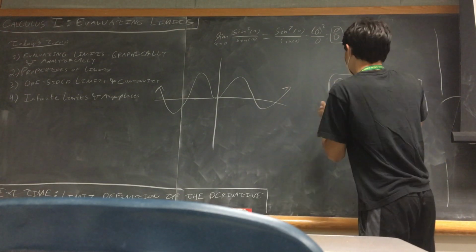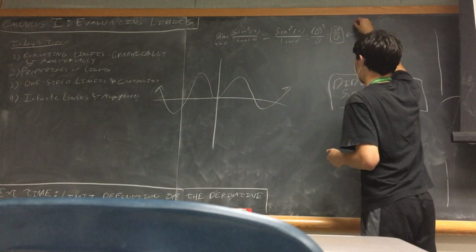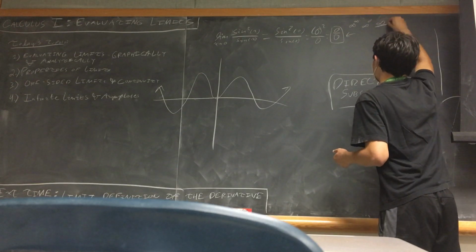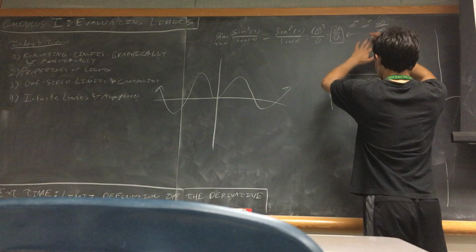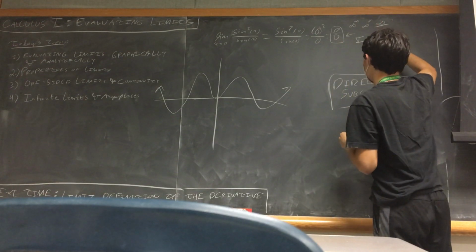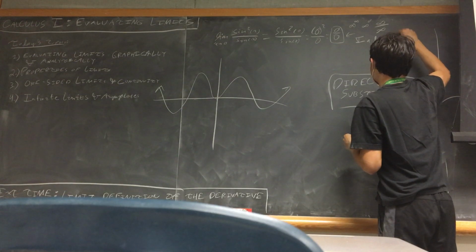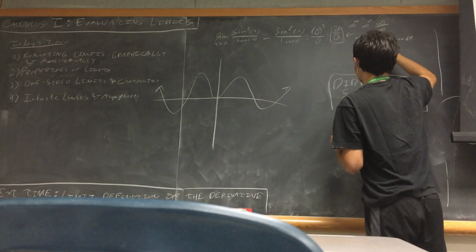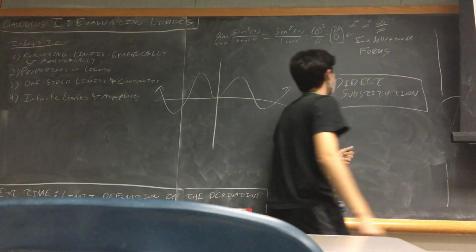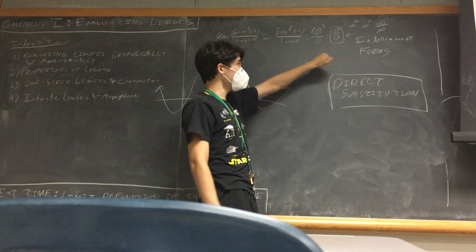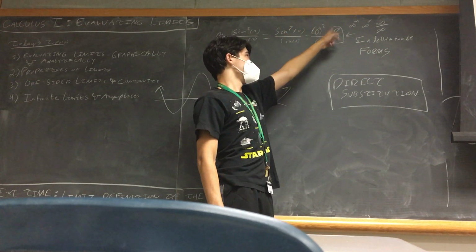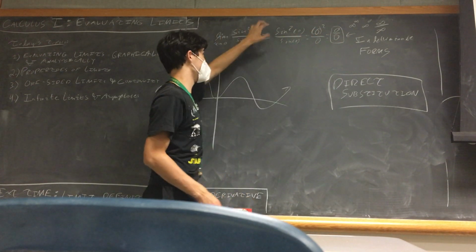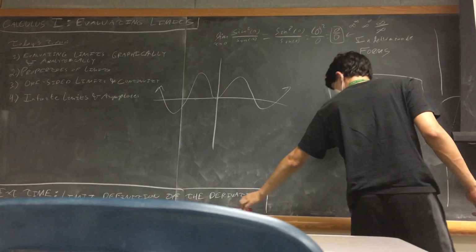But when it comes to limits, we call anything in the form of, say, 0 over 0, or infinity to the infinity, or infinity to the 0, or infinity over infinity, we call forms like this indeterminate forms. Essentially, what that means is that the 0 over 0 tells us that there is a limit, but directly substituting into this doesn't give us that limit.